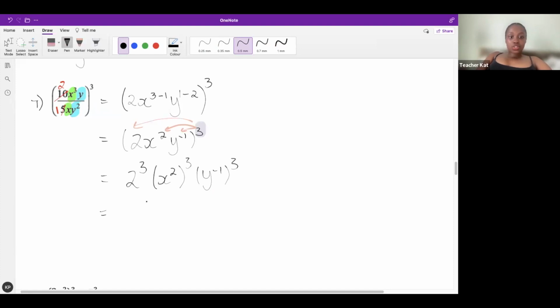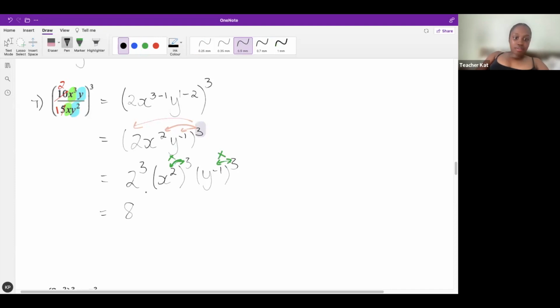Okay, how much is 2 cubed? What's my value for 2 cubed? Yes, it's 8. Okay, and then what do we do with these exponents again? We're going to multiply them.